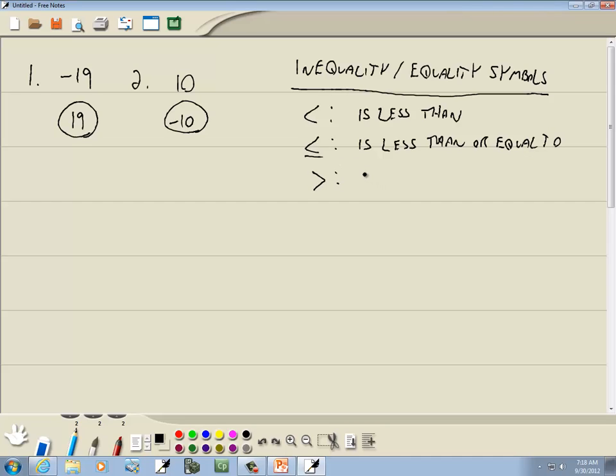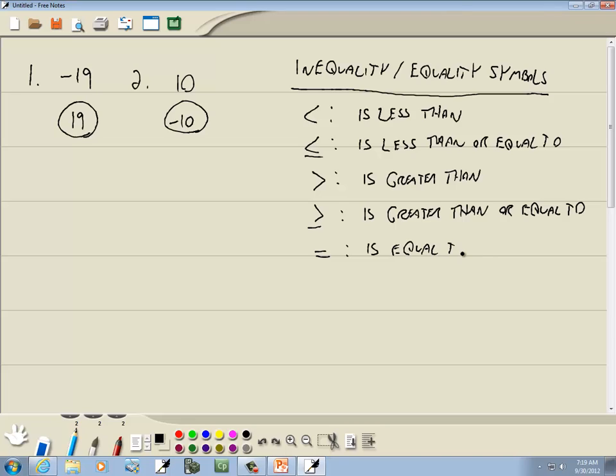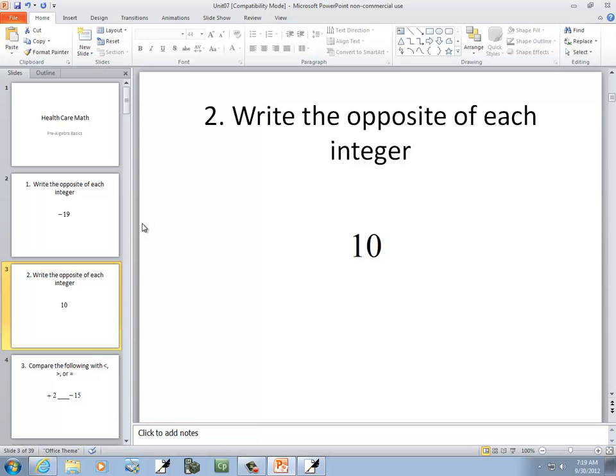We have this one that is greater than. And we have one that looks like that is greater than or equal to. And then we have this one that is equal to. So let's look at some problems dealing with that.